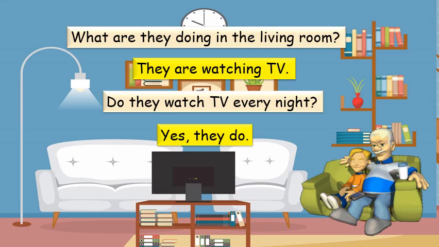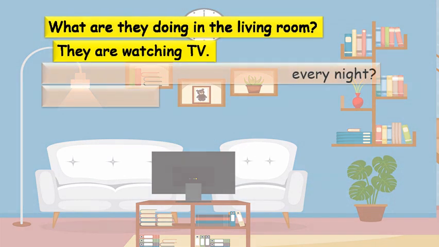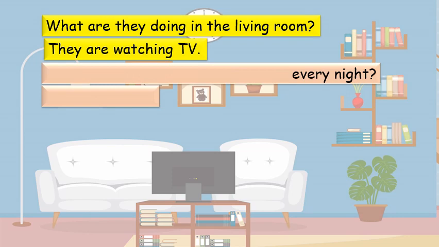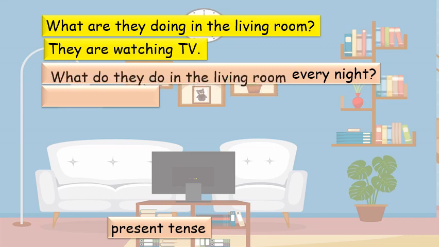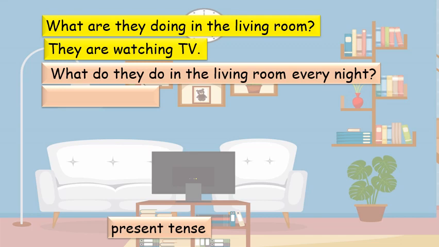Yes, they do. Now, ask the question and the answer in present tense. Every night. What do they do in the living room every night? The answer: they watch TV.